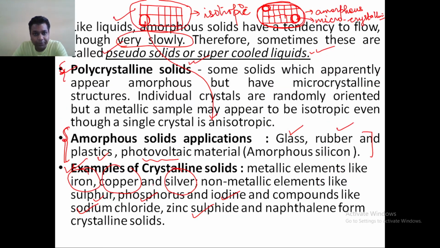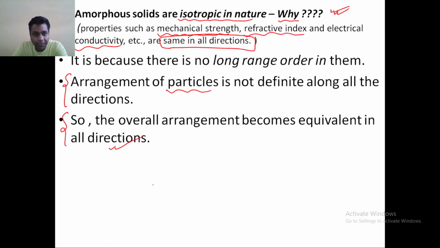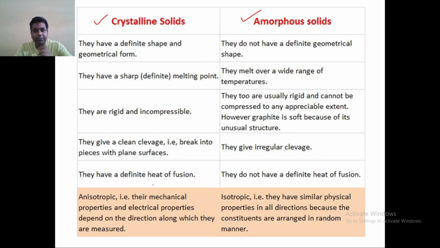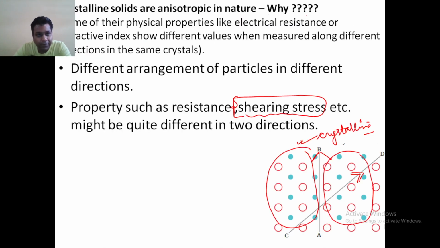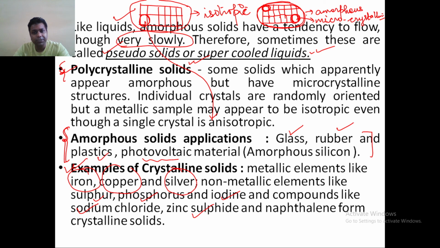Let me give a brief review of all that we have discussed so far. First of all, we started with the difference between crystalline solid and amorphous solid. Then we discussed why amorphous solids are isotropic in nature, and why crystalline solids are anisotropic in nature. Then we discussed few important points like what is polycrystalline solid, and why amorphous solids are known as pseudo liquids or supercooled liquids.